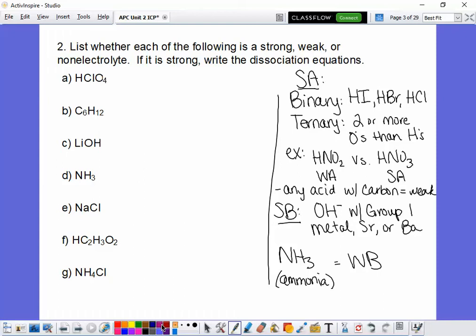So the strong electrolytes are going to be things like your soluble ionics, your strong acids, and your strong bases. All of those form a lot of ions in solution. They completely dissociate when they are dissolved in water.